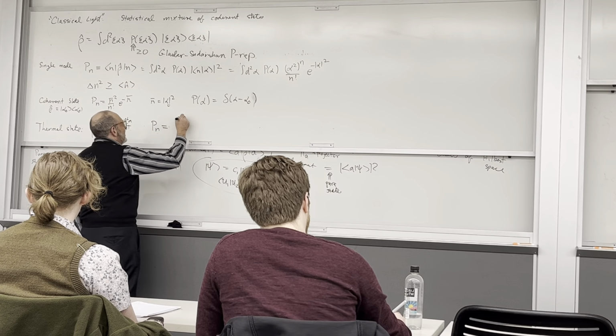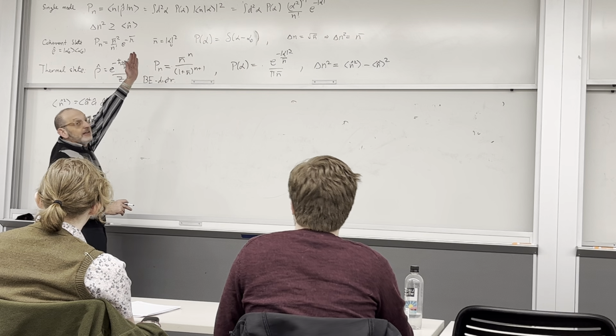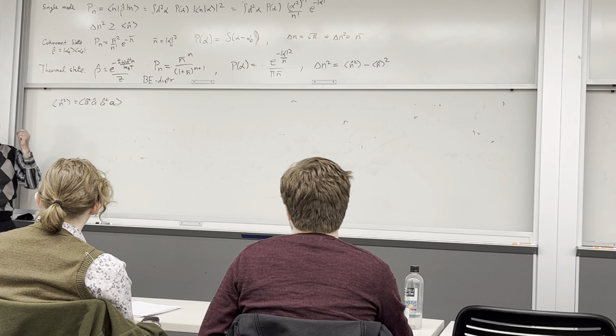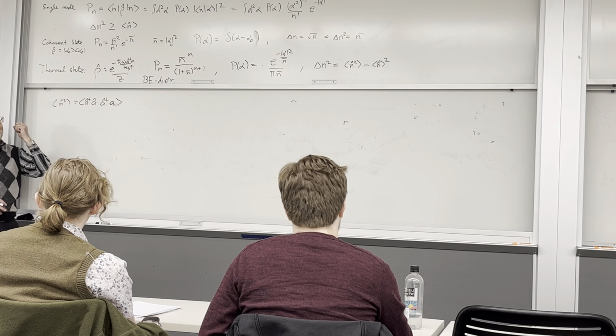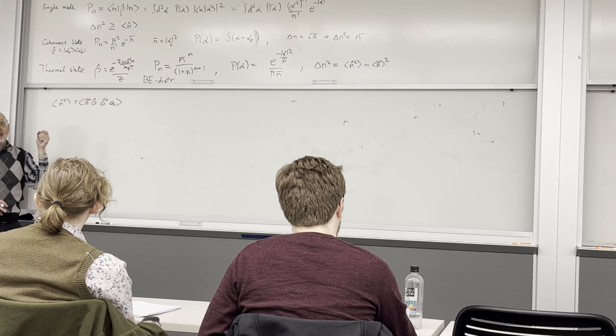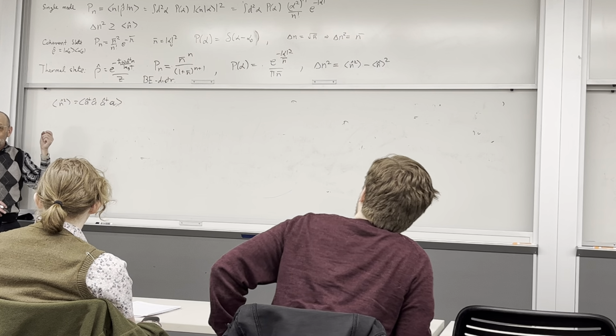is the mean of A dagger A times A dagger A. Now, if we have the Glauber-Sudarshan P representation, when we calculate expectation values, the best way to do that is to commute things and put them into normal order.